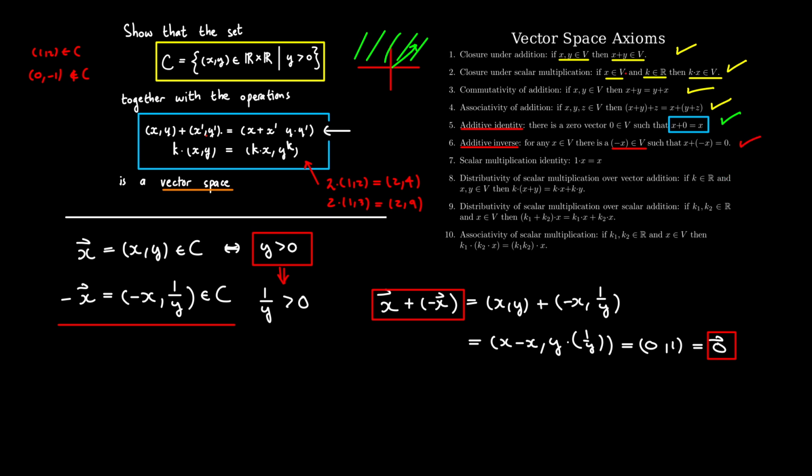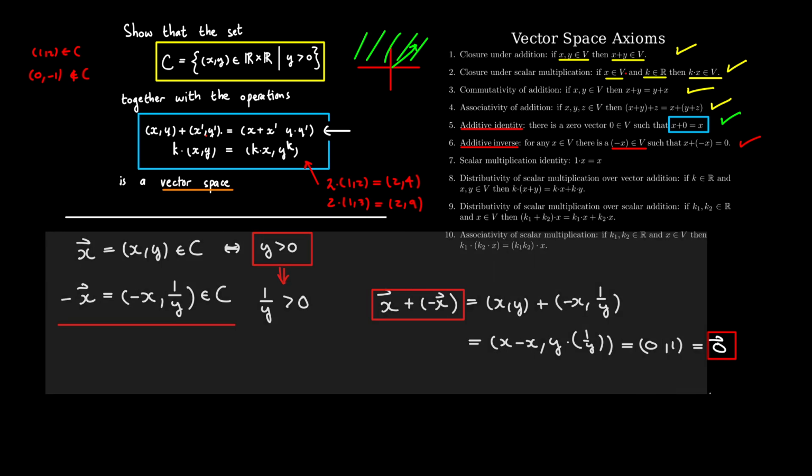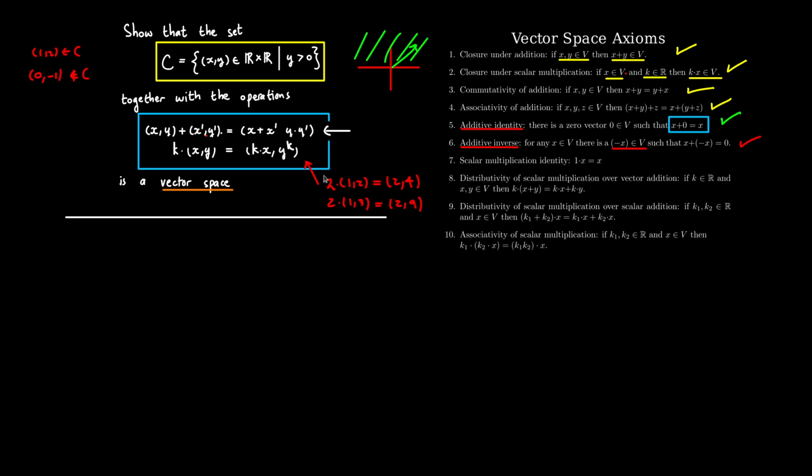Okay, good. Now, what about scalar multiplication? How will this work? Let's check. Does 1 times x equal x? Let's check.